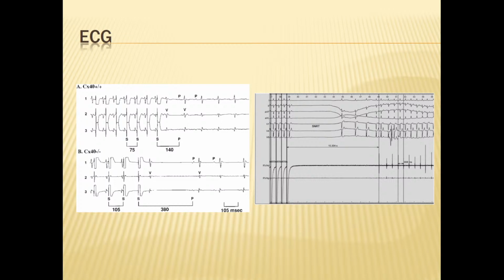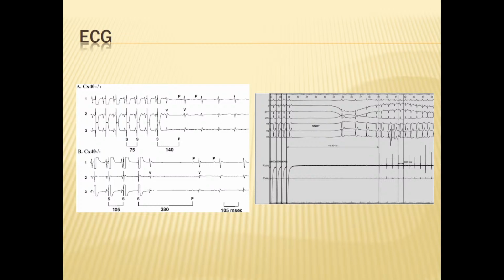In the left side picture, in the upper ECG, you can see a patient with a normal sinoatrial node. Vertical lines mean pacing. At the left part of the ECG, pacing. Then pacing suddenly stops, but without a long-lasting pause, a P wave appears and the sinus node starts its work. In the lower ECG, again pacing, then pacing suddenly stops, but the pause lasts longer.